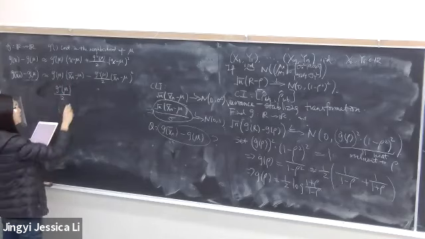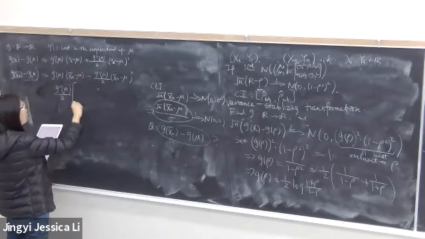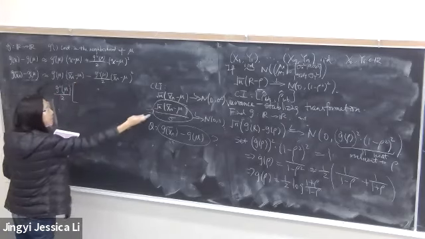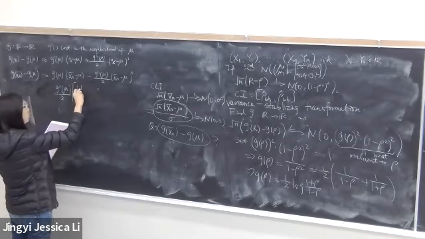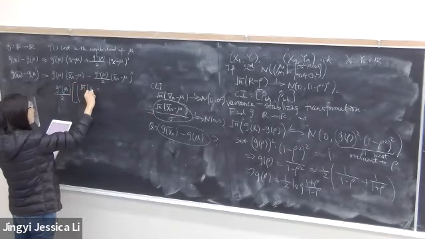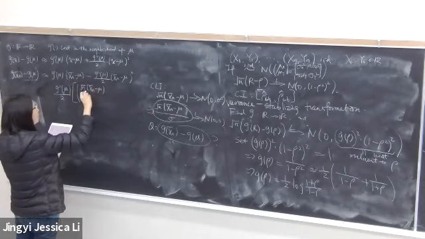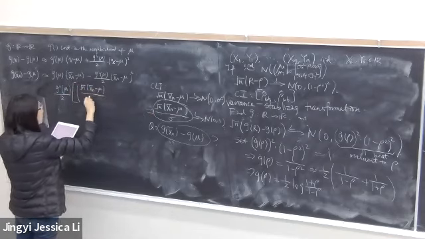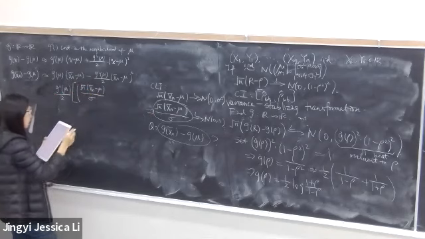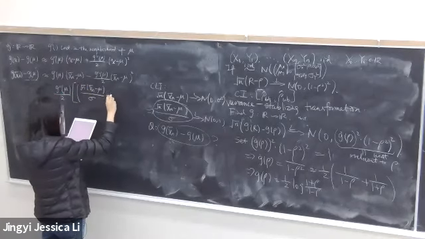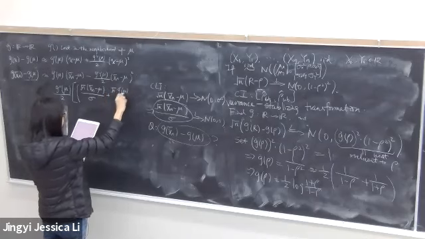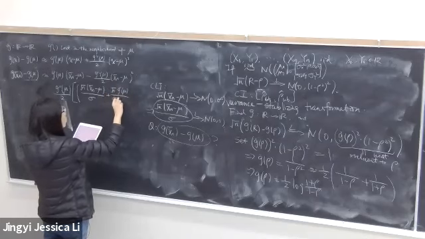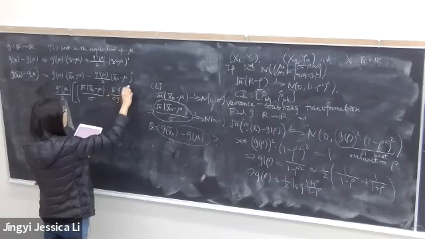And inside, if I'm going to create a square term based on this, let me first write it down: root n xn bar minus mu over sigma, plus root n g prime mu sigma over g double prime mu.